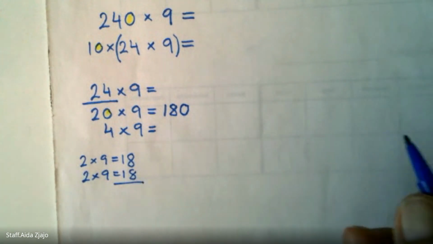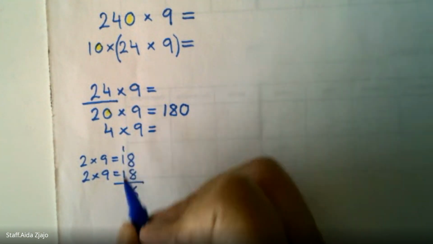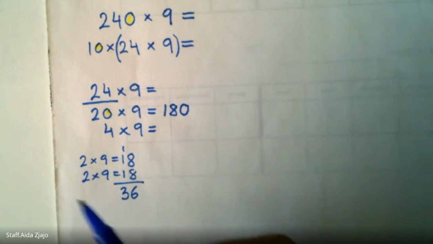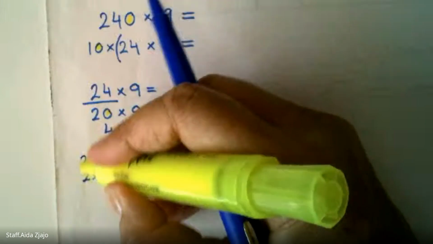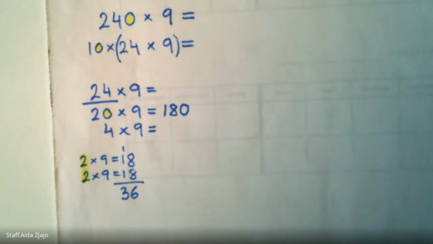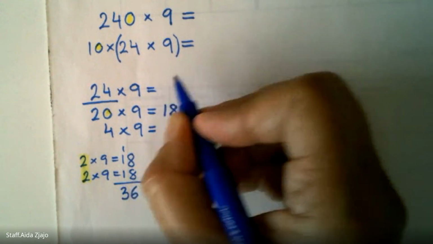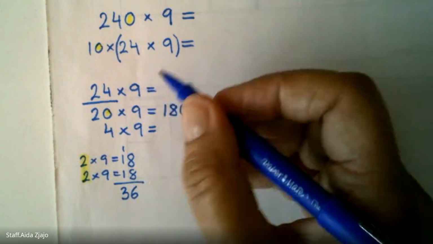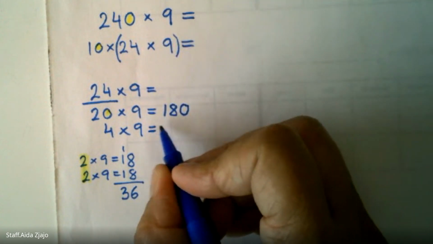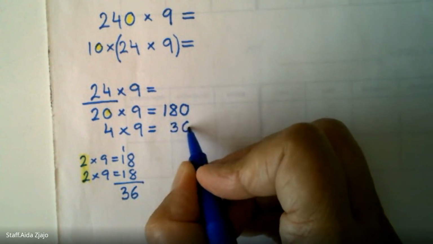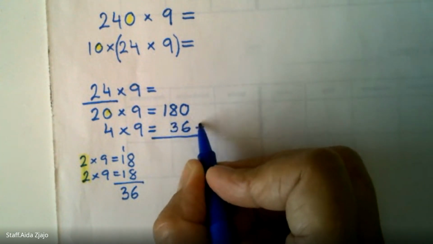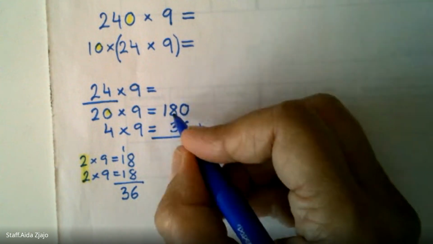So 18 plus 18 is 36, and that's how I know that 4 nines, 4 times 9, is 36.